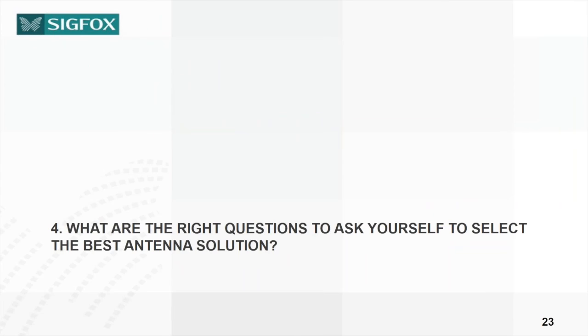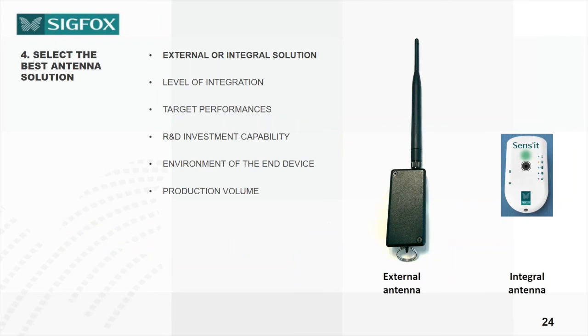Now the last section is called: what are the right questions to ask yourself to select the best antenna solution. Here are the questions. The first one is, do you need an internal or an external antenna?